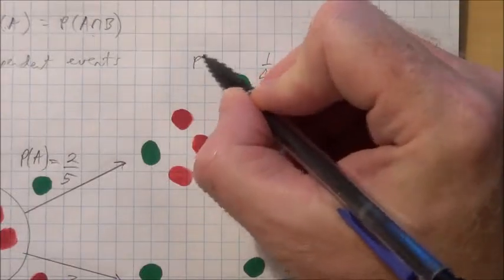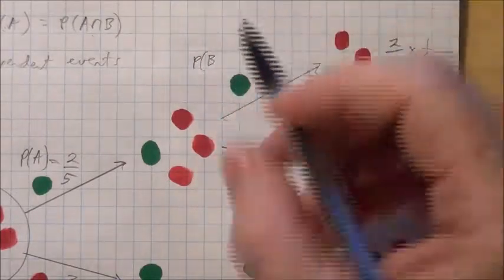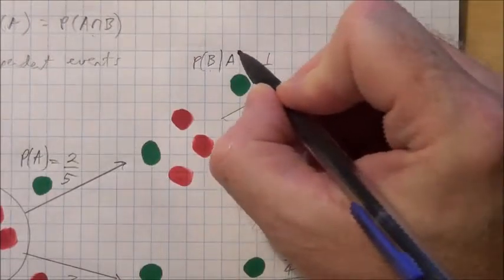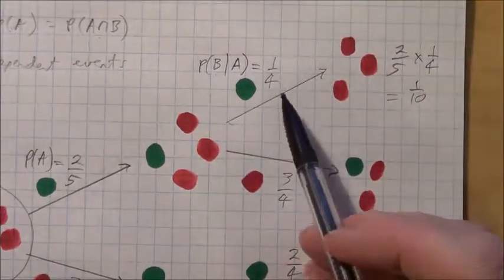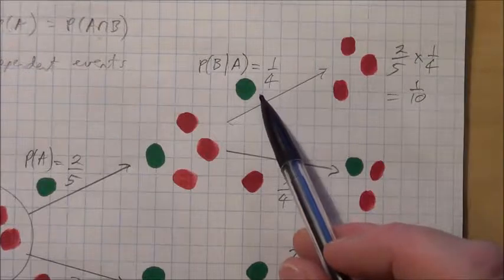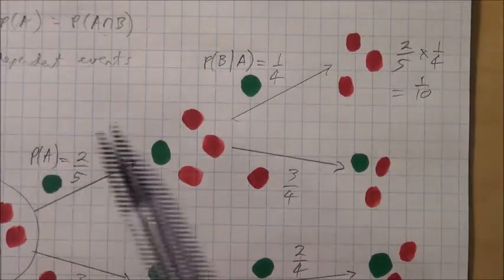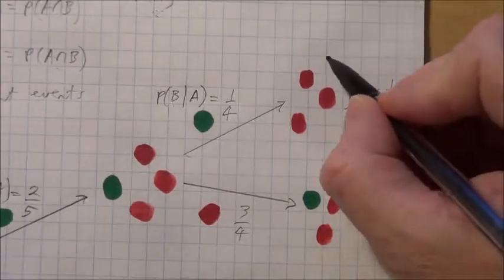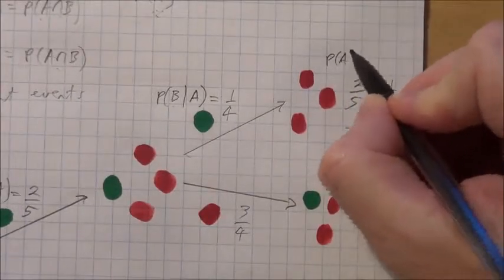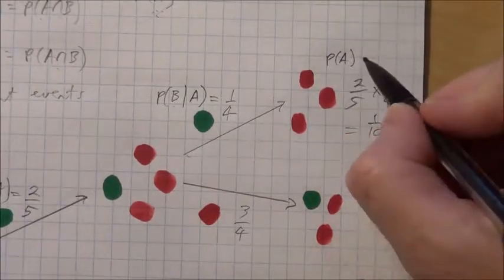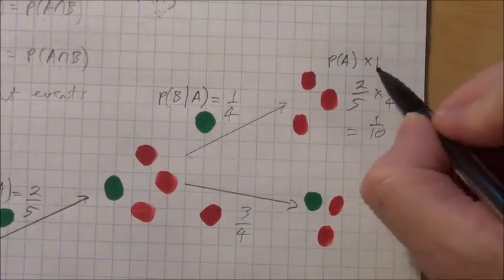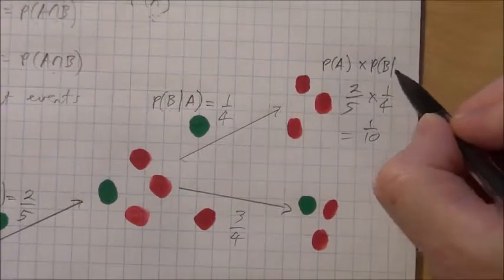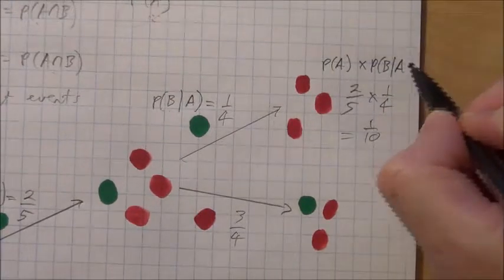The probability of selecting a second green marble, given that we've already selected a green marble, is going to be 1 over 4. So when we multiply these two probabilities together, we're actually multiplying the probability of selecting a green marble first, multiplied by selecting a green marble, given that we had already previously selected a green marble.